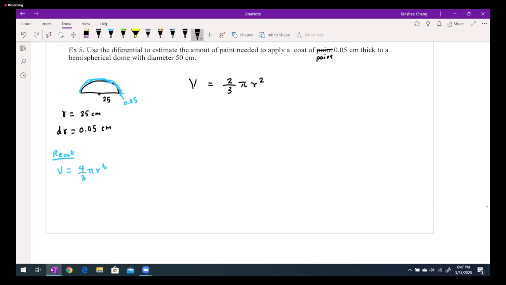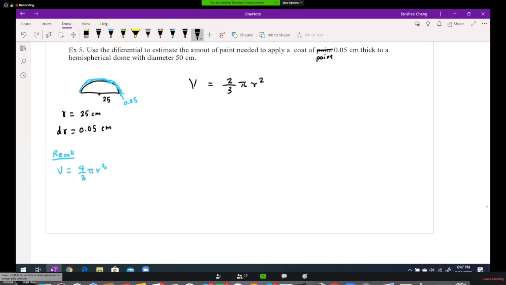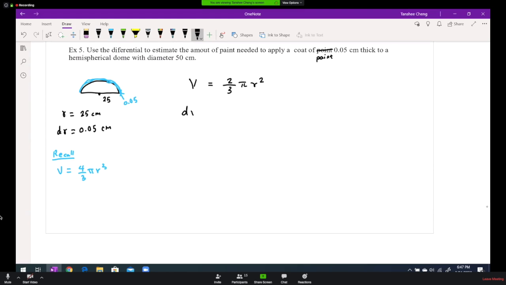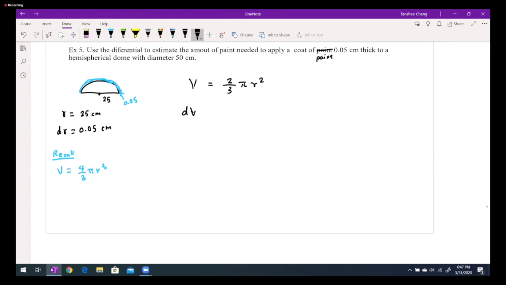To estimate the volume of this thickness that we need, we want to use the differentials. So the differential of volume V is equal to 2/3 pi times the derivative of r cubed, which is going to be 3r squared.